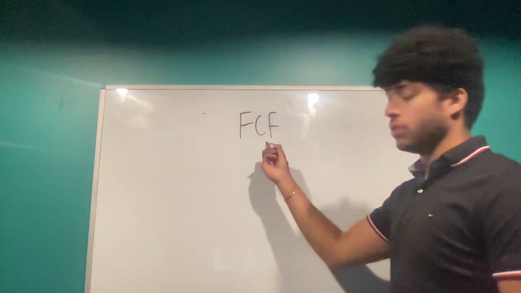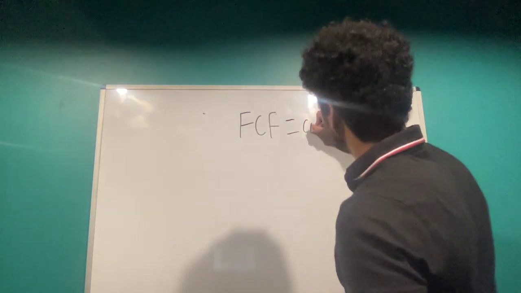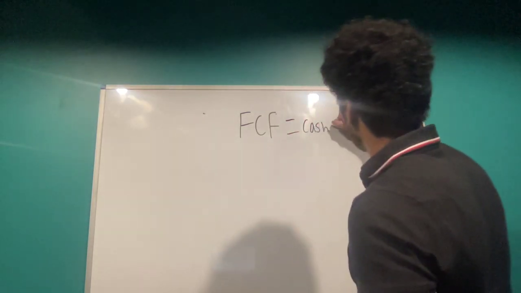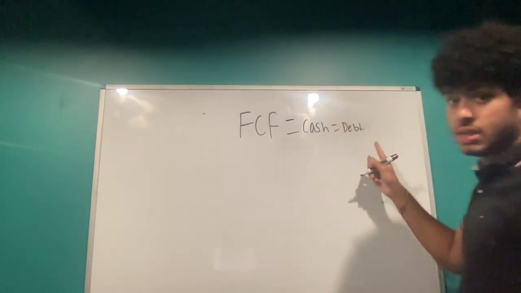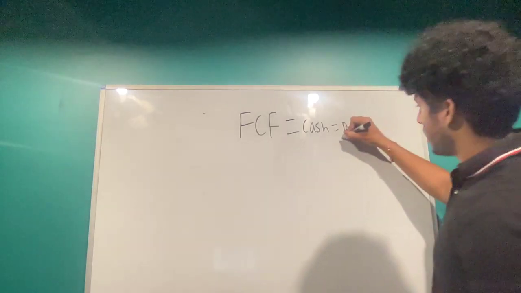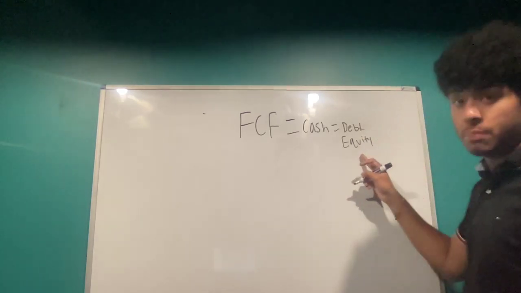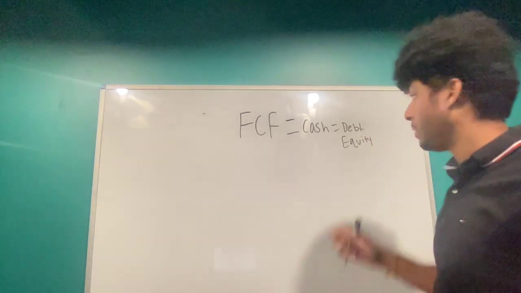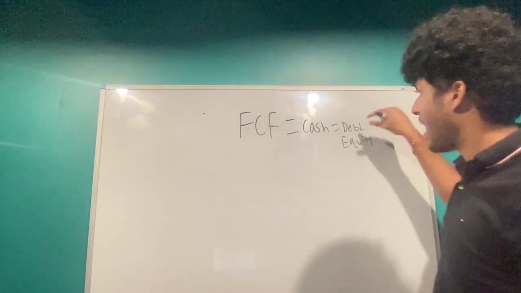So, free cash flow, just to clarify, is cash that the company has left over for both debt holders and equity holders. So this is the cash that people who own the stake in the company and people who have lent money to the company in the form of debt have access to.